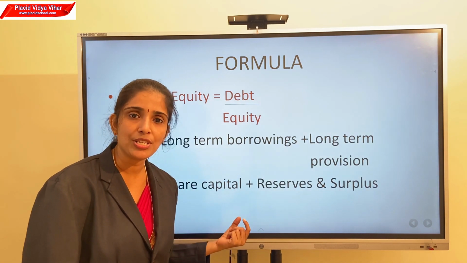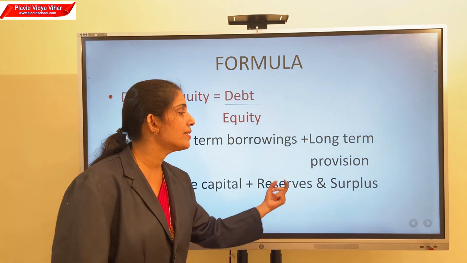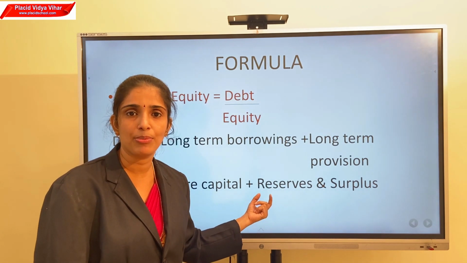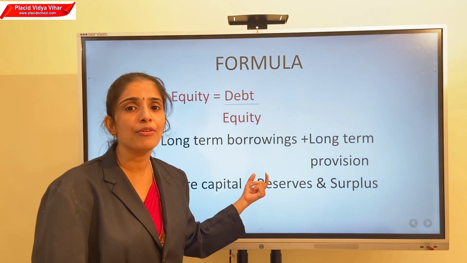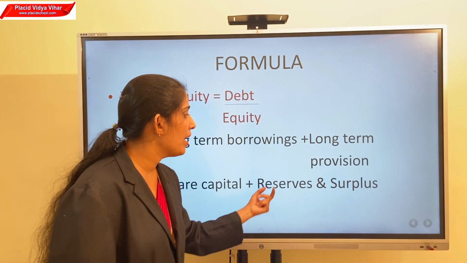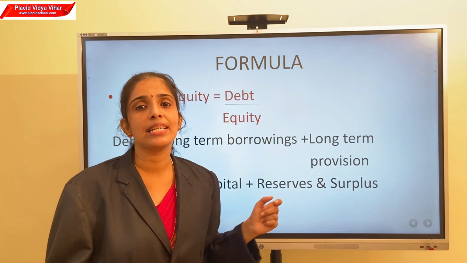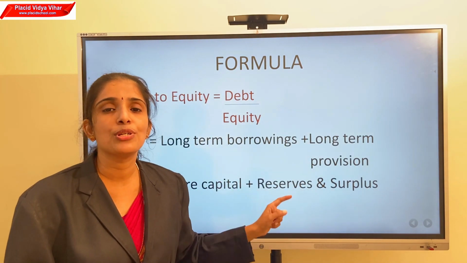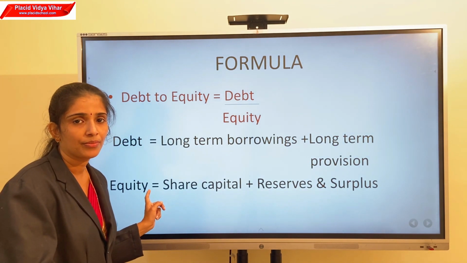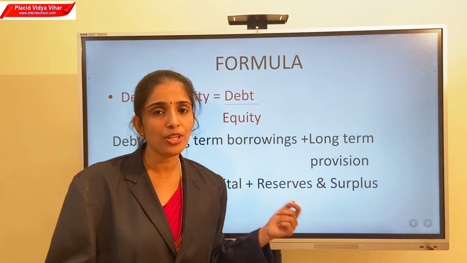Equity includes share capital. Share capital means shareholders' contribution, that is the equity share capital or the preference share capital, plus reserves and surpluses. Reserves, we know different types of reserve, capital reserve, general reserve, that we studied earlier. Surpluses means the balance in the statement of P&L, that means whether it is a profit or loss.